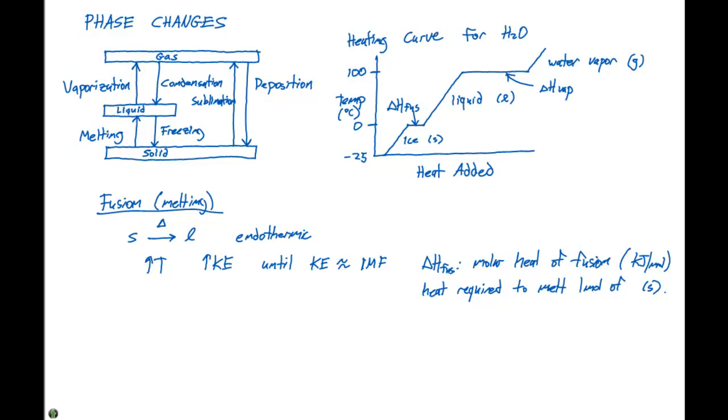Remember that when we talk about these energy quantities, they depend on the amount, right? So we refer to this as the molar heat of fusion, which is the heat required to melt 1 mole of a solid.